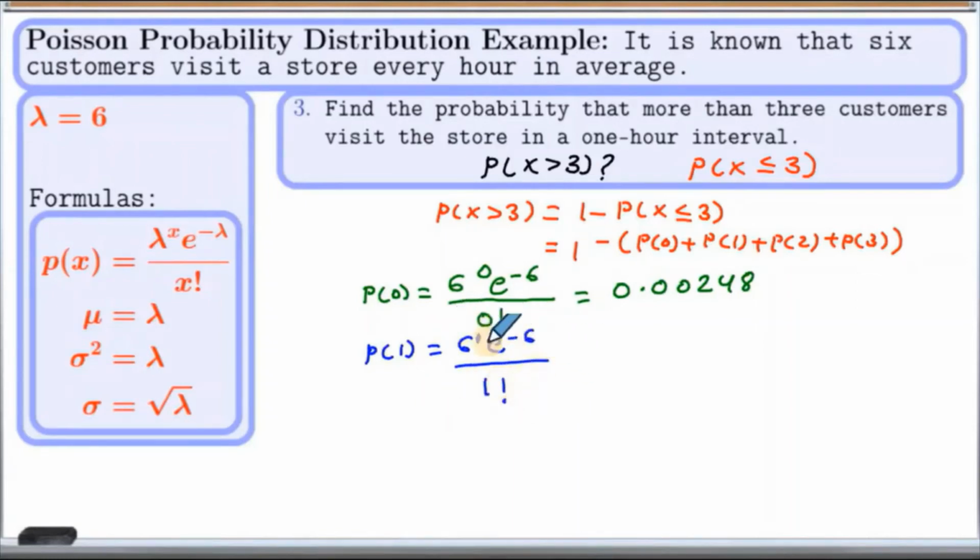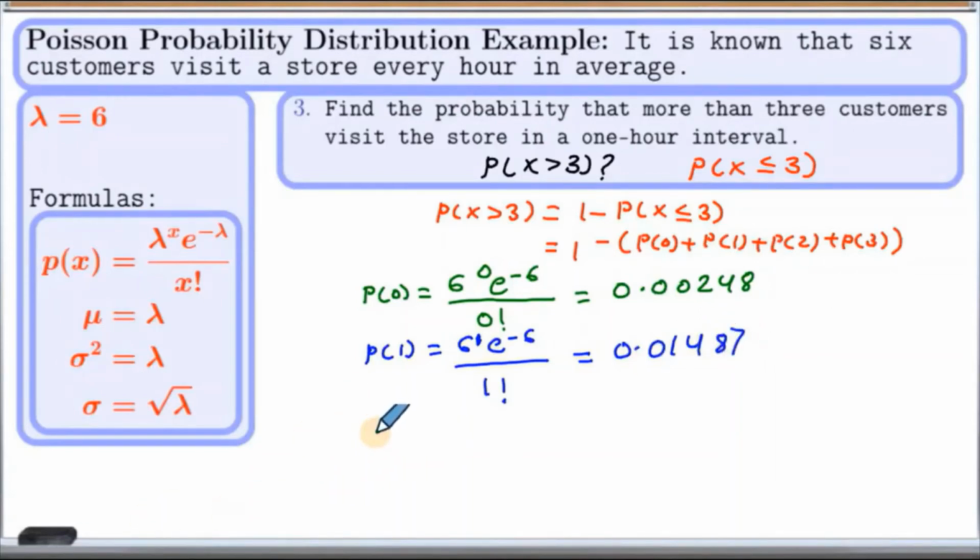Then you can put this whole thing in a calculator. So this whole thing comes out to be 0.01487.